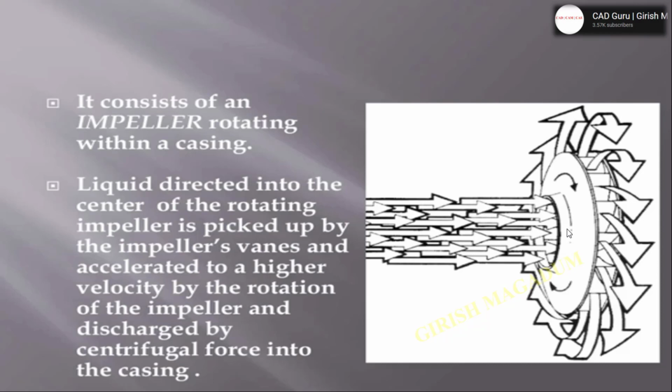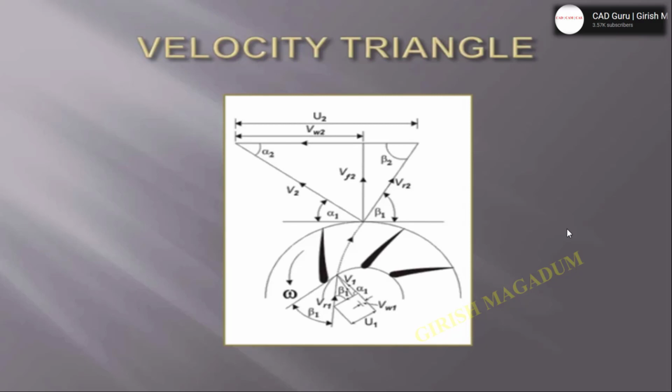The rotation of the impeller and the discharge will help us to gain the centrifugal force inside the casing. Due to this centrifugal force, the water will be forced into the volute, wherein the pressure head will increase due to the rotation of the impeller.